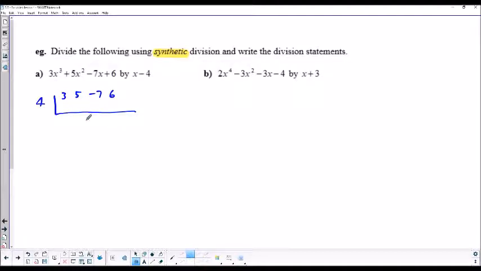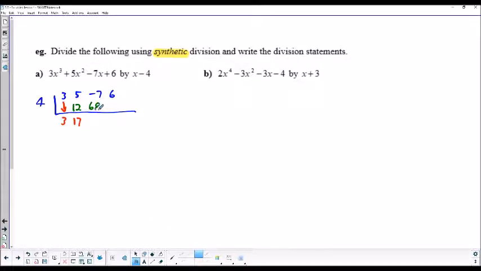Okay, so this is the initial setup. Notice that the sign of the 4 in x minus 4 is going to be the opposite when we put it out here. We're first just going to drop down this 3, and then multiply 4 times 3 and put the answer here. Then we add down, 5 plus 12. Then we do 4 times 17, and I believe that's 68.